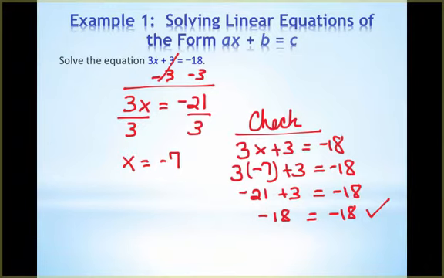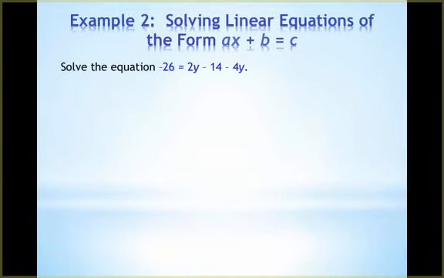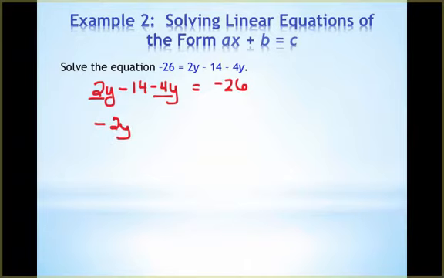In our second example, we're going to see if we can combine like terms. First thing I'm going to do is go ahead and rewrite this so that my variables are over on my left-hand side. So I'm going to have 2y minus 14 minus 4y equals negative 26. So 2y and negative 4y can be combined to negative 2y.